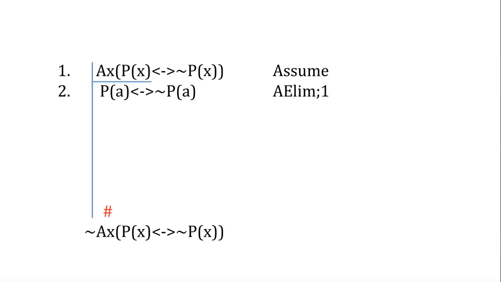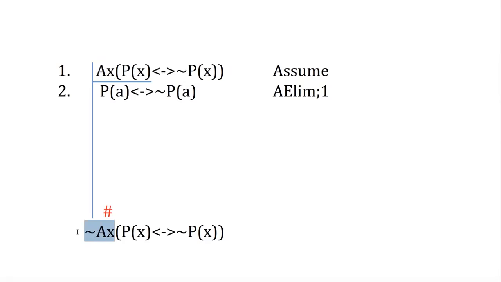Because you only write at N, declare that N is some arbitrary object in the domain, for two reasons, and neither of those is relevant here. Reason number one is because you have an existential sentence and you're doing existential elim. That requires an arbitrary name, but this is not that case. This is not an existential premise. Or you might have a universal conclusion and you're declaring an arbitrary name in order to prove something completely general about any object in the domain, so you can do universal intro.